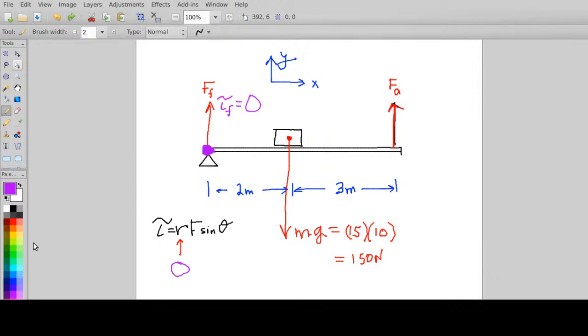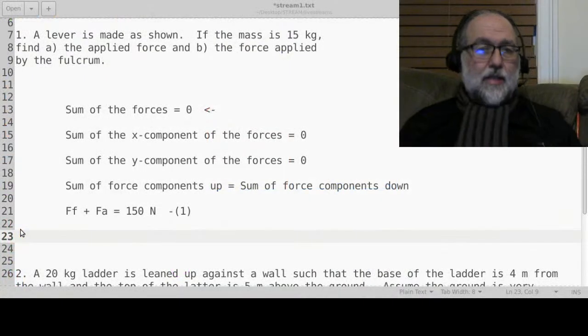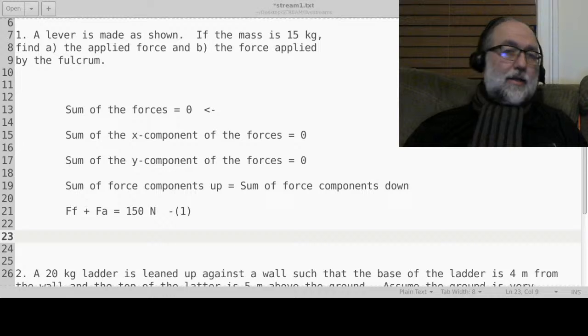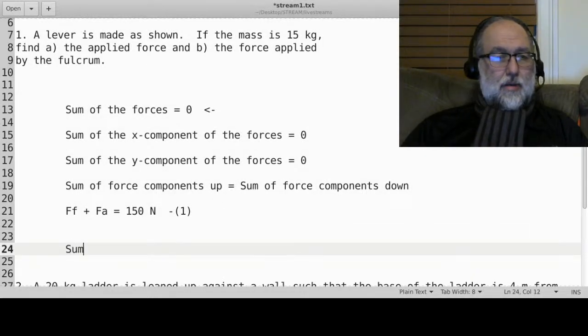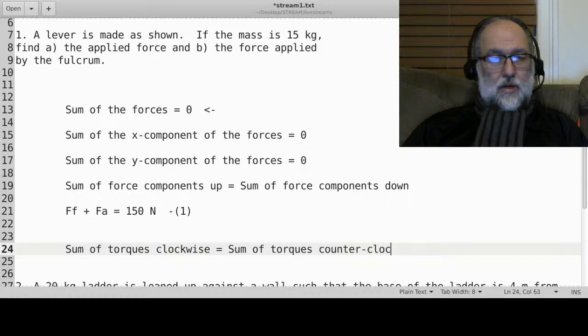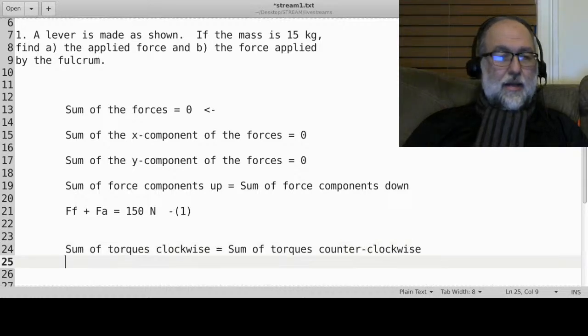All right, let me switch back to this and let me do that one. So now we have sum of torques clockwise must equal sum of torques counterclockwise, like that.